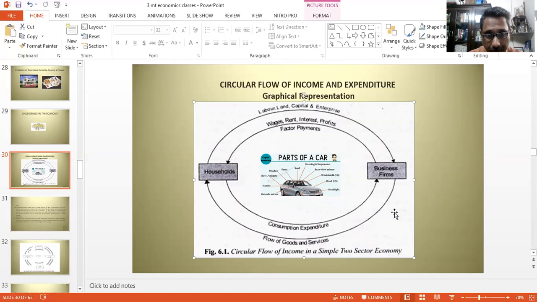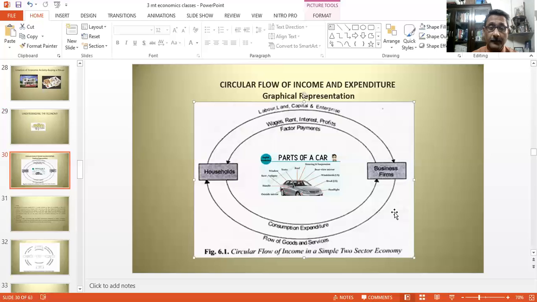Let us say there is an automobile factory to produce a car. There are some households which provide labor and technical inputs. There could be a qualified technical person, an engineer, who wants to work in that company. Maybe there are large tracts of land owned by certain people who provide the space for this company to set up a plant and receive rent. And there are people who just want to invest in it, and if the company makes a profit, they take returns.